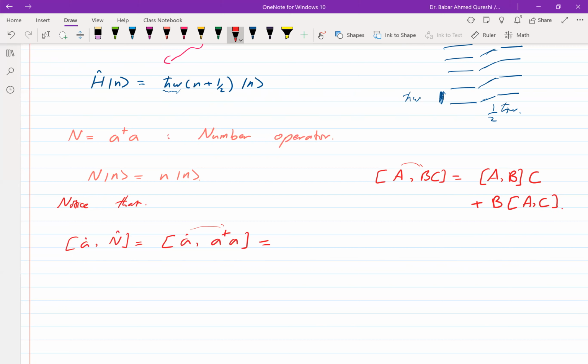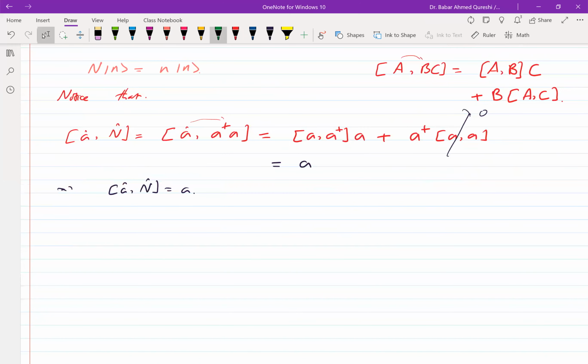So if I do it over here, I get A dagger, commutator of A with A, plus A dagger comes outside, and A with A dagger. The first is obviously 0 with itself. The commutator of A with A dagger is 1. So this is A. That means A commutator with n hat is A.